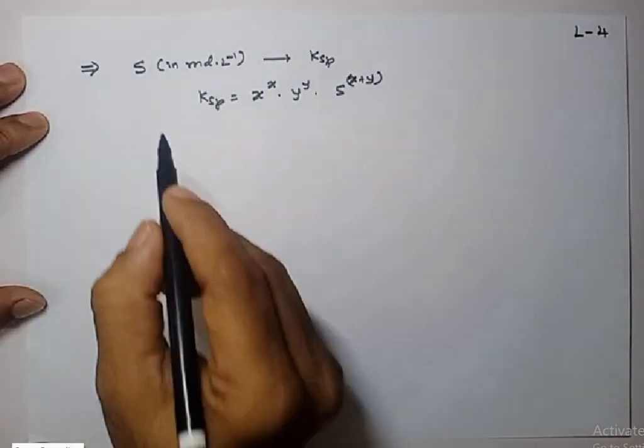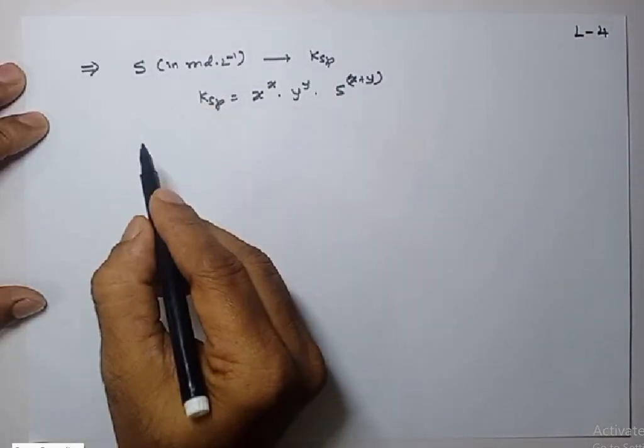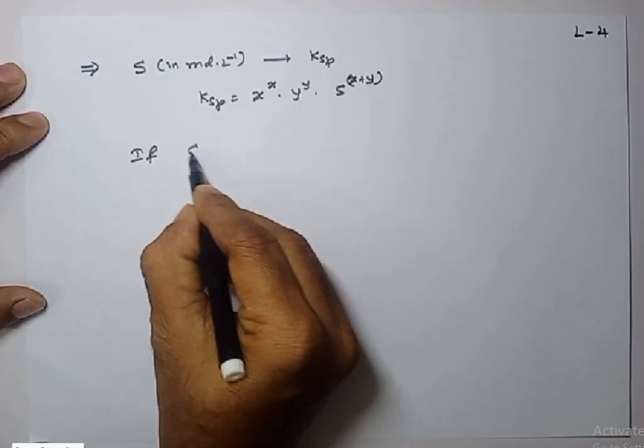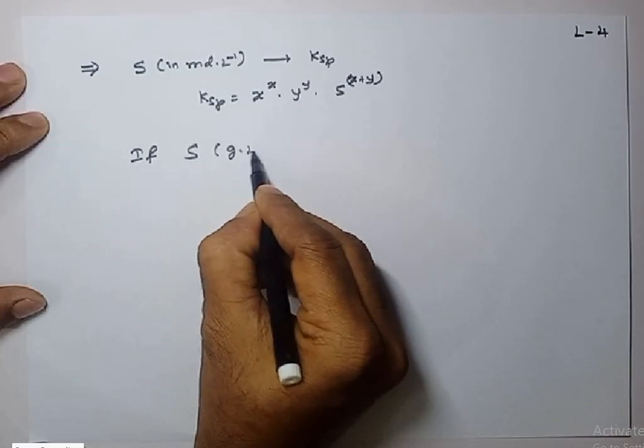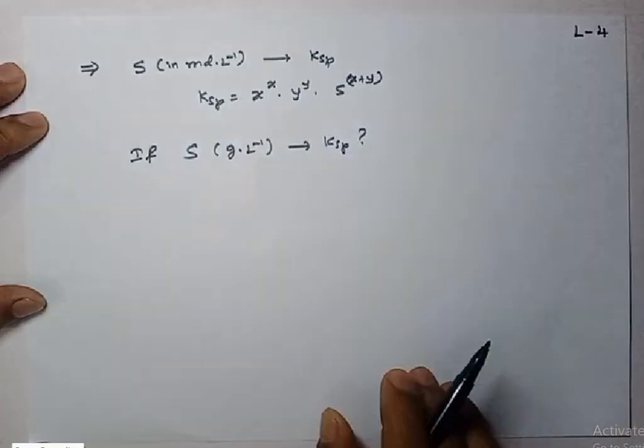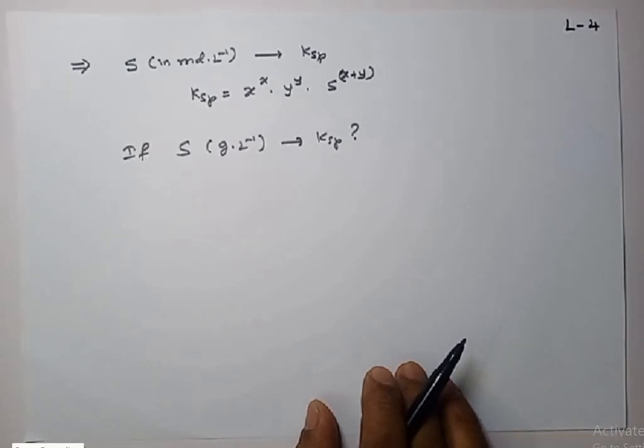Instead of mole per liter, suppose solubility is given in gram per liter, how to calculate Ksp? We will discuss this with a simple problem.